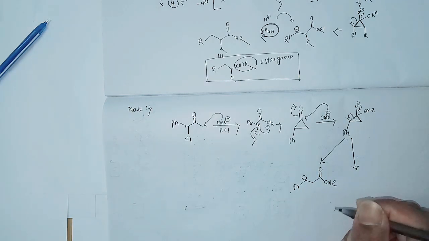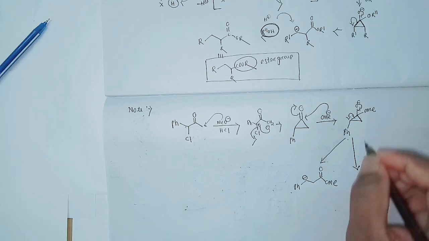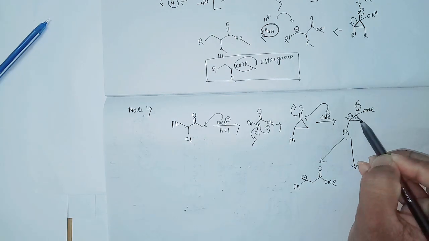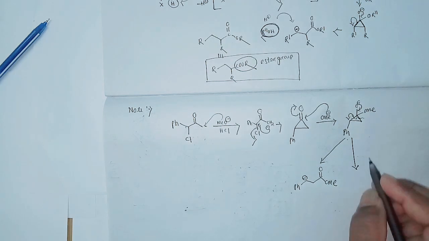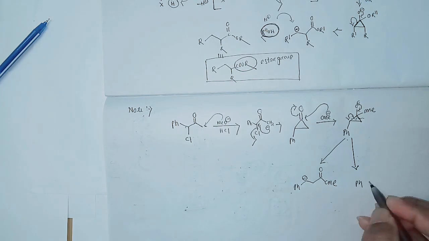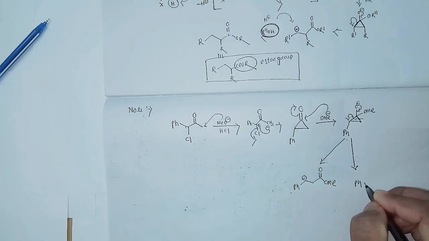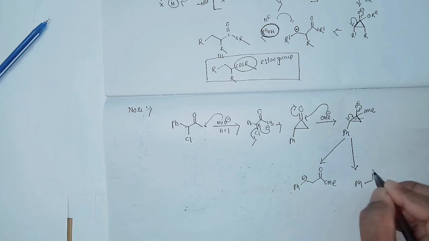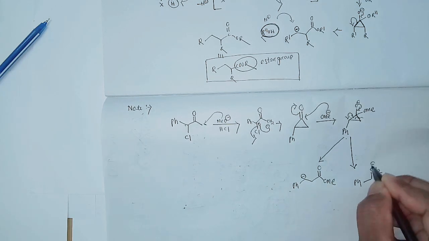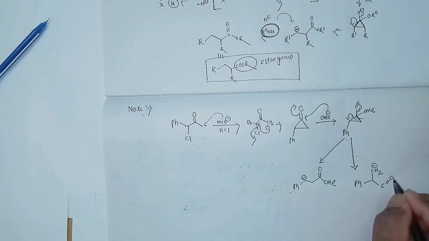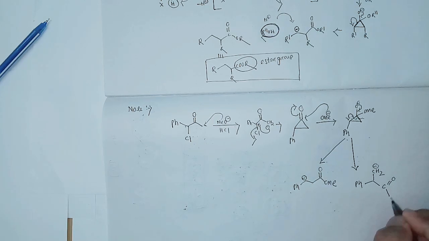Okay, so for example when this other bond breaks, then we get phenyl CH2 negative, C double bond OMe.